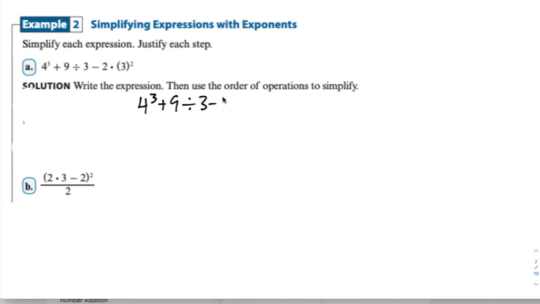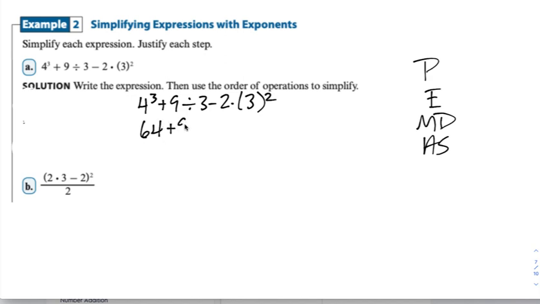We have a lot of stuff going on. First thing I'm looking at, remember we've got this that we're dealing with. So are there any parentheses? Yes, that 3 is in parentheses, but there's really nothing to do there. But what I do see is that we have exponents. And so I'm going to go from left to right dealing with my exponents. So 4 to the 3rd power is going to give me 64.